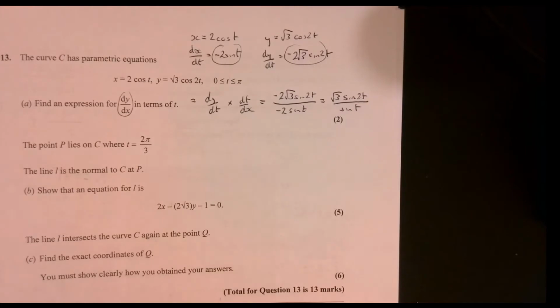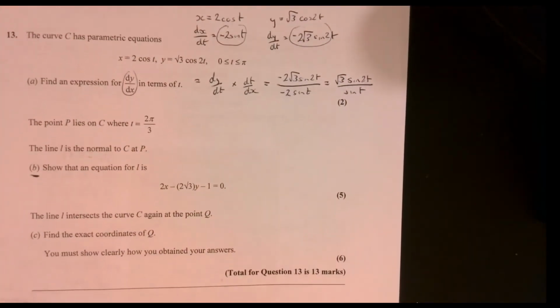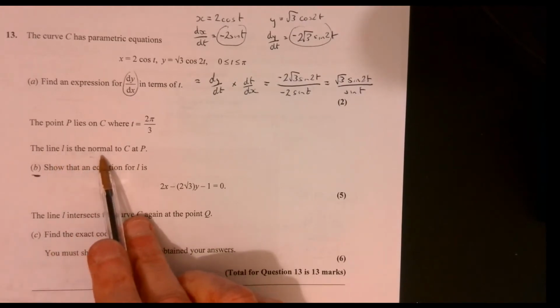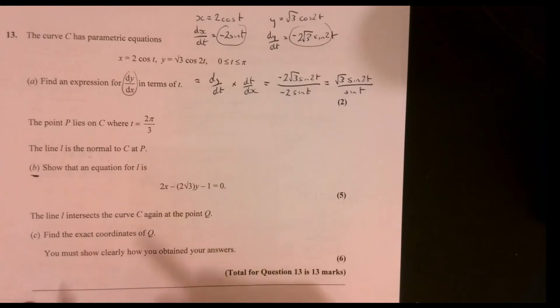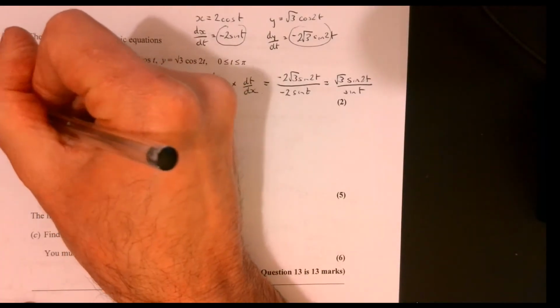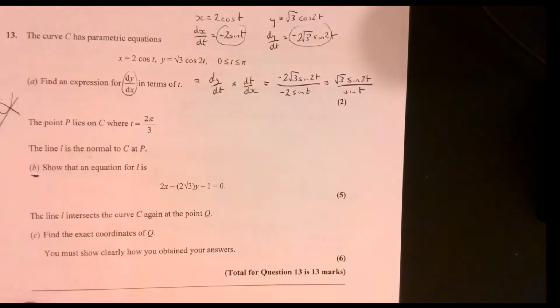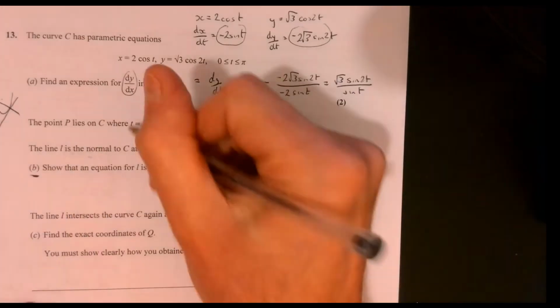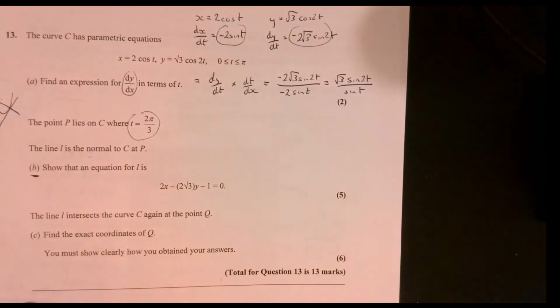Right, now part B. Bit of a challenge, this part. I like this part of the question. So it's saying here, it needs to get the equation of this line, and it's a normal. So remember, normally we're asked to work out a tangent, but we want a normal. So let's work out first of all the gradient of the tangent at this point.